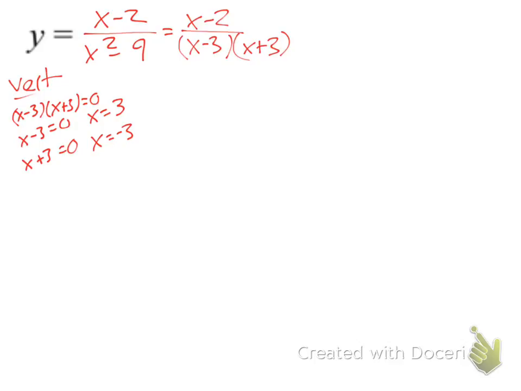But if I wanted to state this correctly, we should state them as points. What would the point be for an x-intercept at 3? 3, 0. It would also be negative 3, 0. This is what I have to plot eventually. Okay? Now we can go to our horizontal asymptote. Y equals 0. We already talked about that.